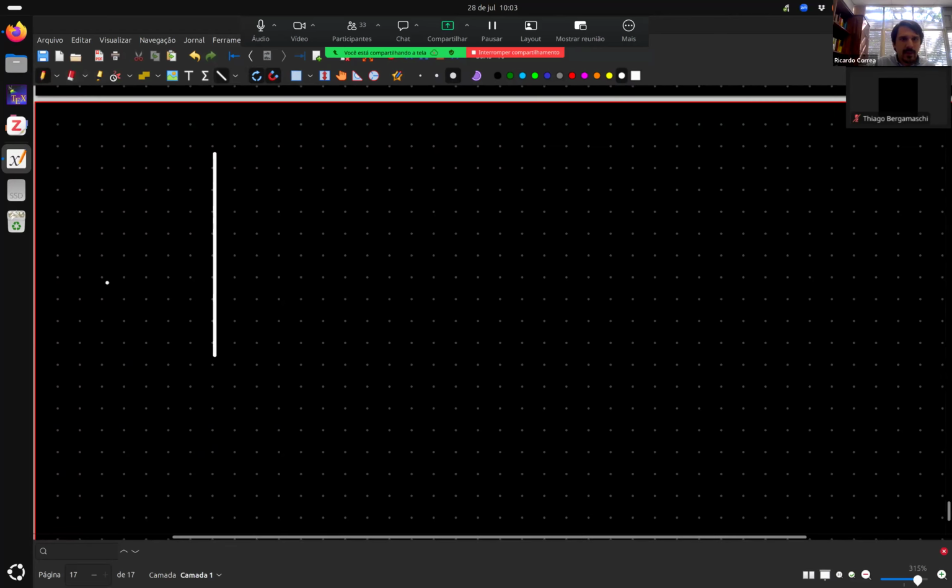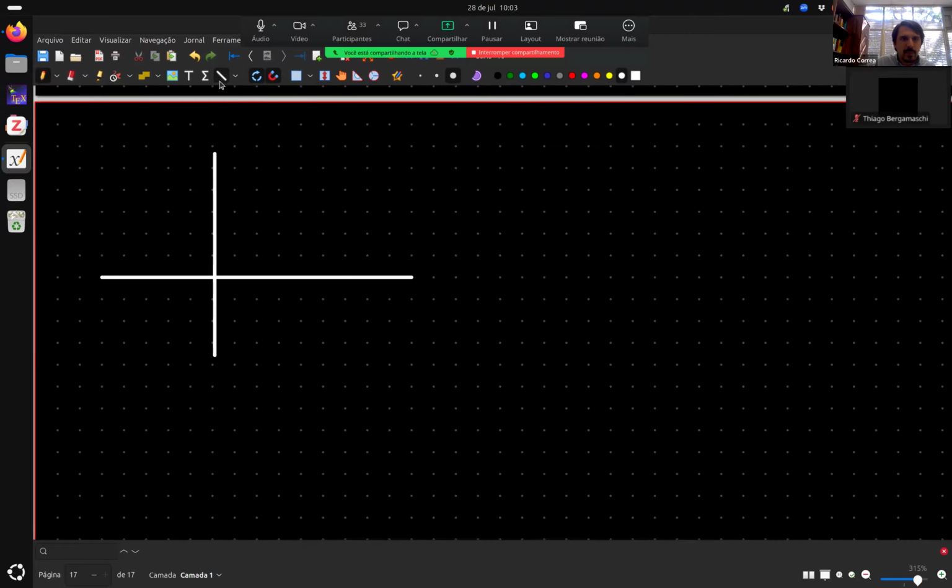I'm just giving a space-time diagram, and I like to draw wedges. So allow me to draw a wedge in here, another wedge in here.